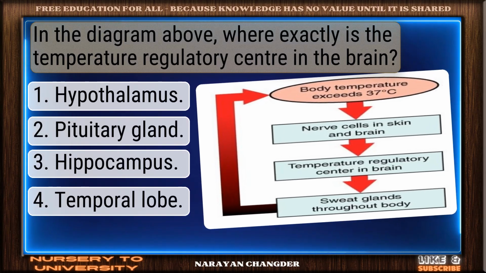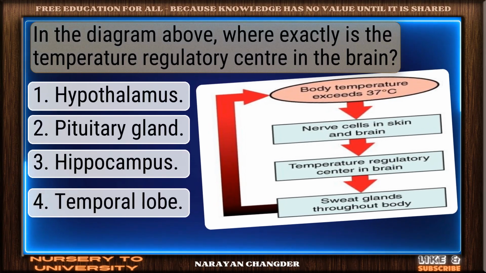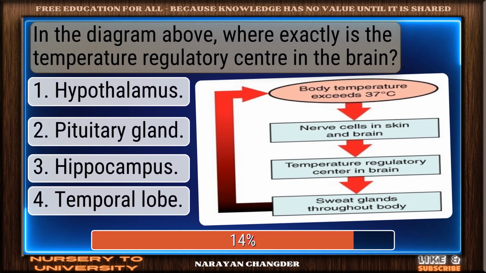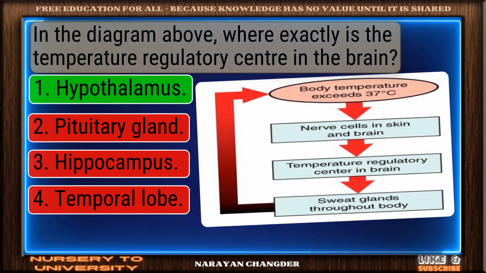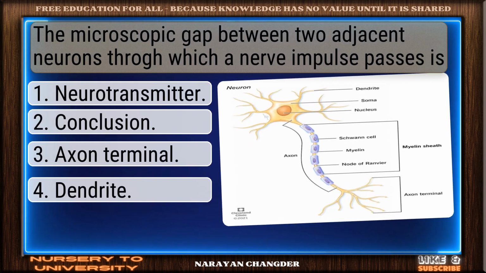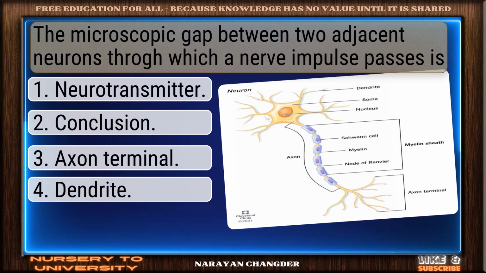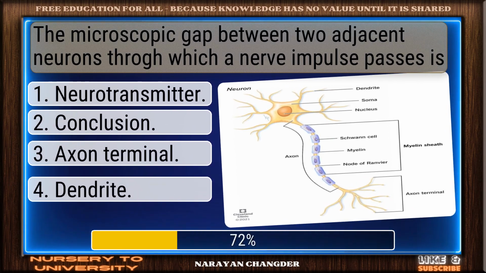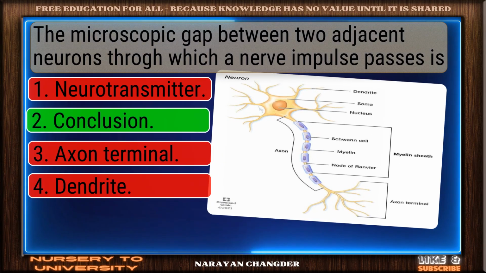In the diagram above, where exactly is the temperature regulatory center in the brain? Nicely done. Hypothalamus is solid. The microscopic gap between two adjacent neurons through which a nerve impulse passes is the synapse. Right again. Synapse is valid.